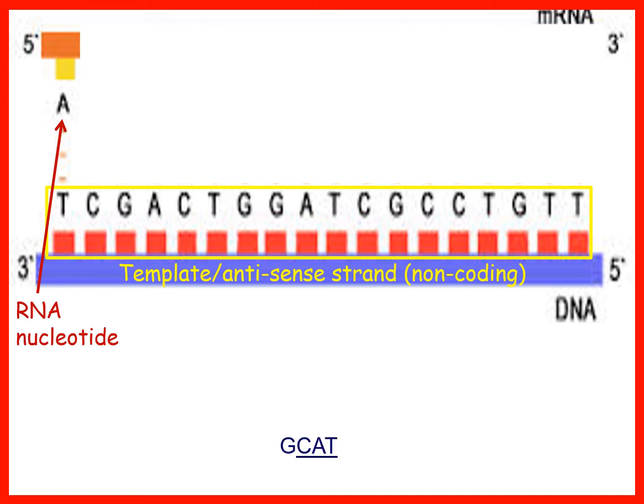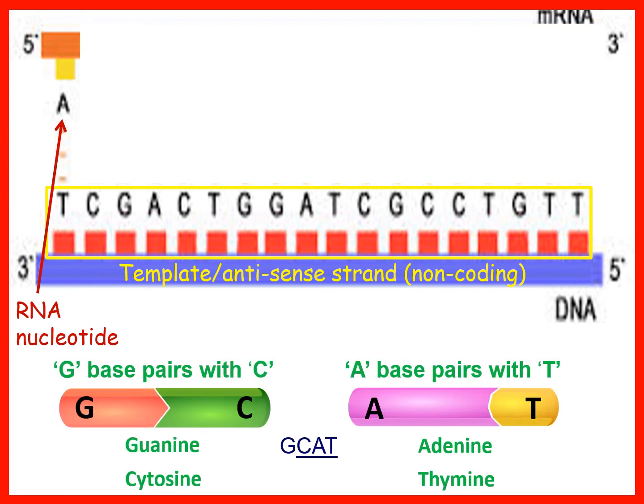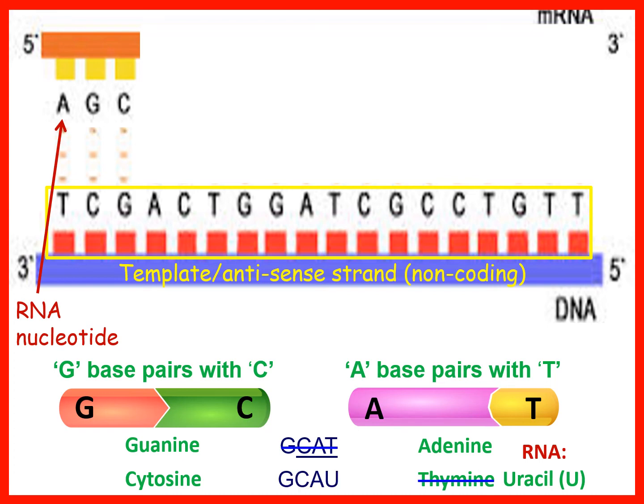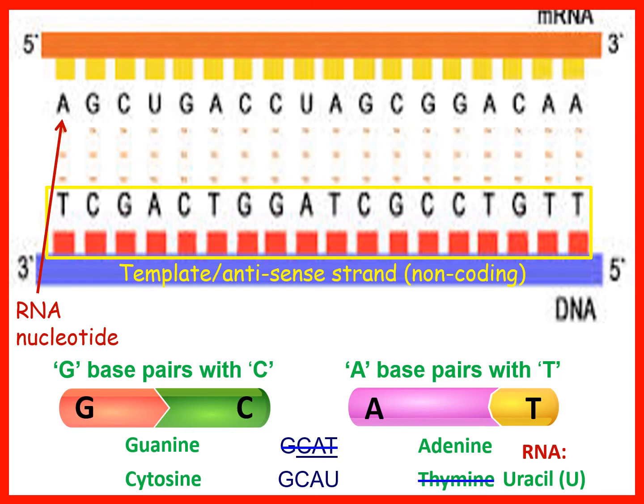We can remember this with GCAT, but because it's RNA, there's no thymine, so the next bases would be G, C, but instead of T, it'd be U, because uracil replaces thymine in mRNA, and so on to form the mRNA.